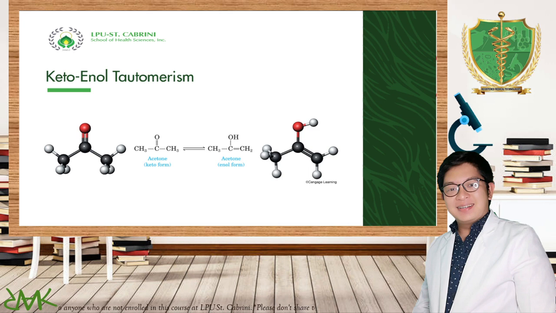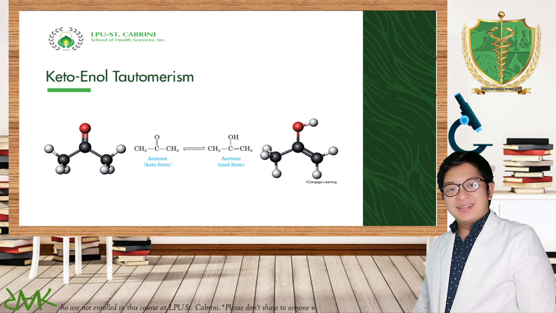Enol. The name enol is derived from the IUPAC designation of both an alkene and an alcohol. In keto-enol, the keto form generally predominates.